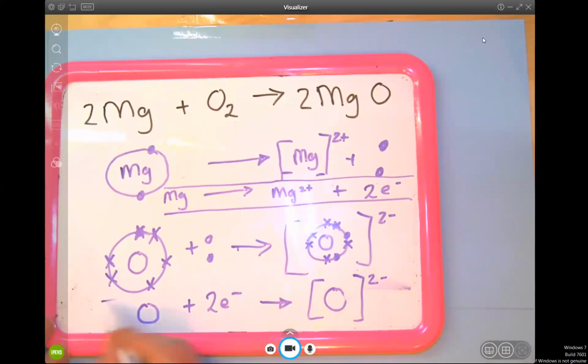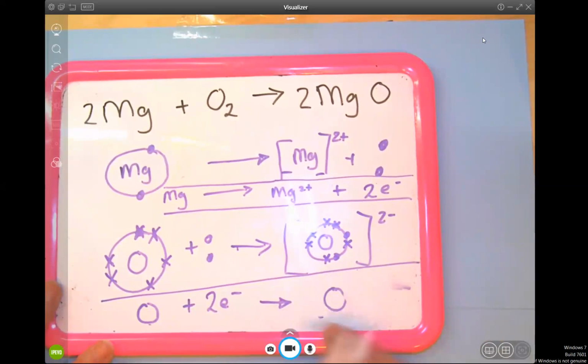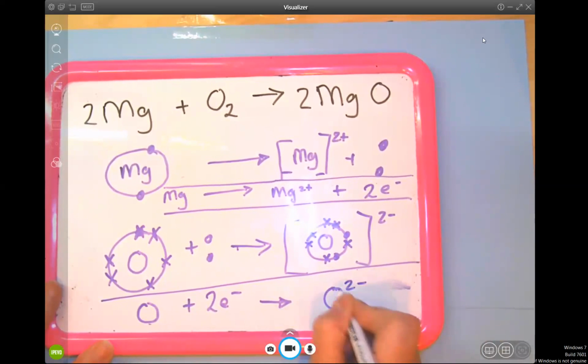Okay, so again, I've managed to write that out. So oxygen gains 2 electrons. Oops, it shouldn't be like that. It should be as I did it before, O2 minus. That's the oxygen ion.